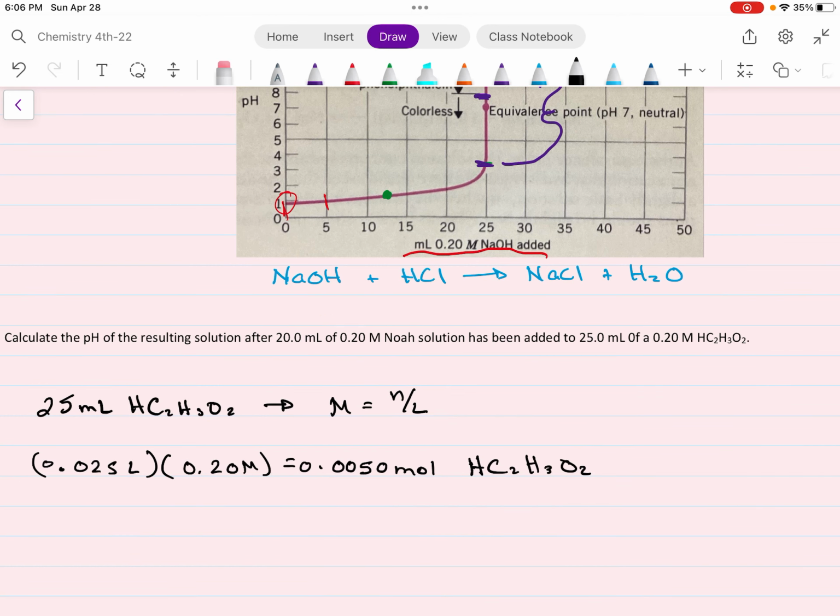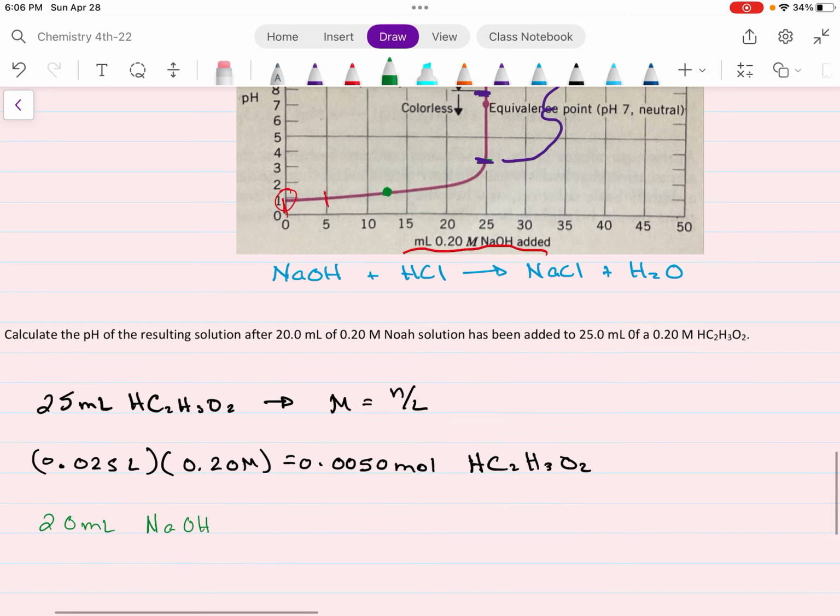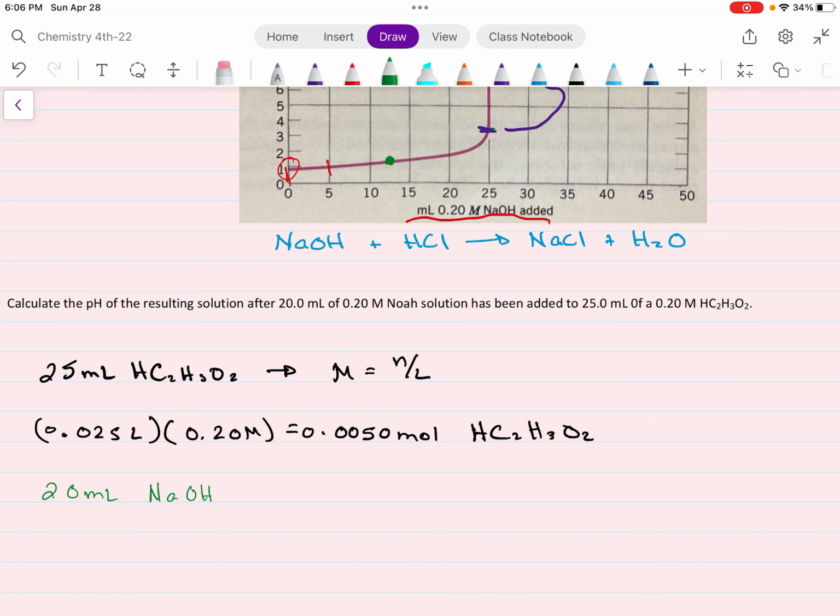We're going to add 20 mLs of the base. So that's going to be 20 mLs of the NaOH. And again, moles over liters, we're going to say that this is 0.020 liters.